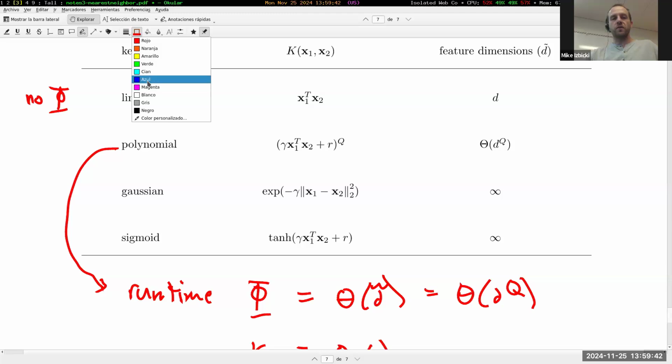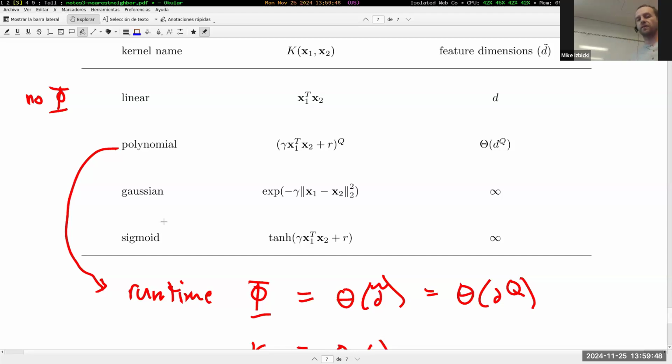And then there are these 2 new feature maps right here, the Gaussian and the sigmoid feature maps. There is no easy to define phi function for either of these 2 functions. You get a phi function by taking the Taylor series of these, which is obnoxious, and so we won't do it. But the important thing is that they are infinite dimensional feature spaces.